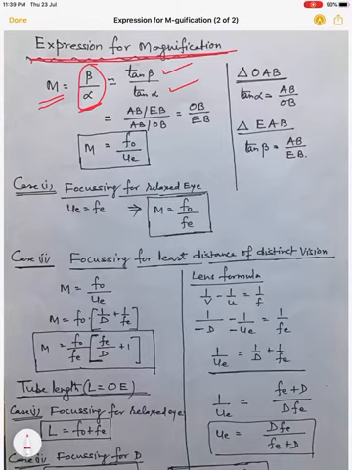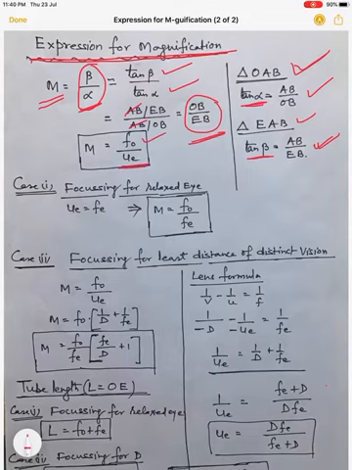So m is tan beta upon tan alpha. From the two triangles OAB and EAB, tan alpha is AB upon OB, tan beta is AB upon EB. Substituting the values, AB cancels AB, and finally we get the expression as OB upon EB. OB is the focal length of the objective and EB is ue, that is the distance from AB to the eyepiece.